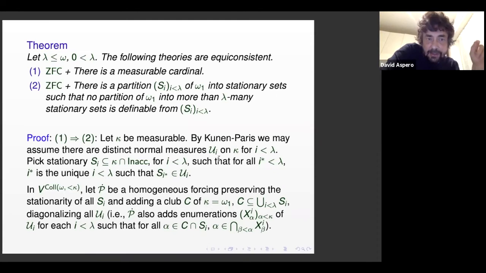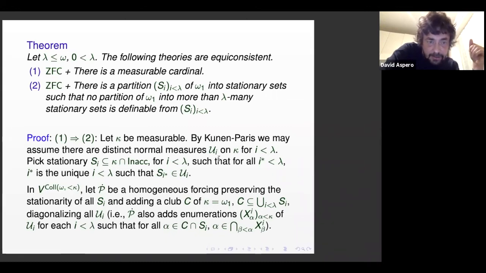Now I look at the Levy collapse of kappa to omega_1, and now I look at a natural homogeneous forcing that is going to preserve the stationarity of all S_i, and it's going to add a club C of kappa of order type omega_1, by countable initial segments, which is going to be contained in the S_i's, and it's going to diagonalize all the U_i's.